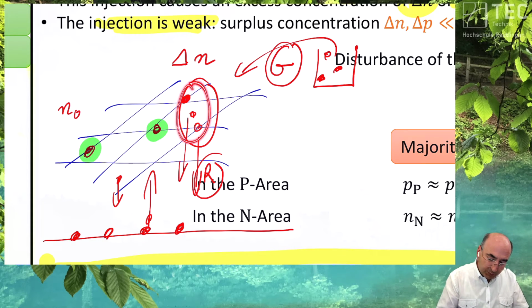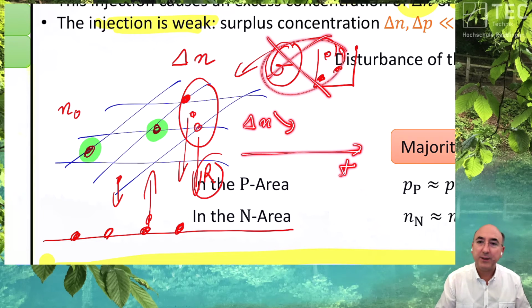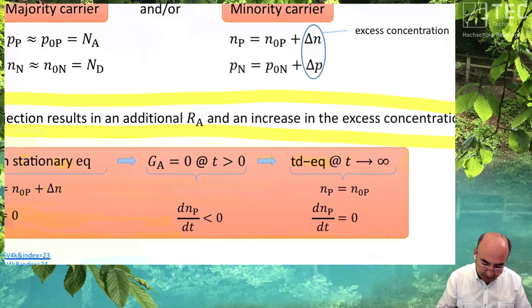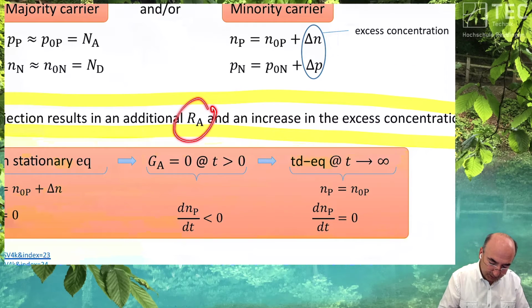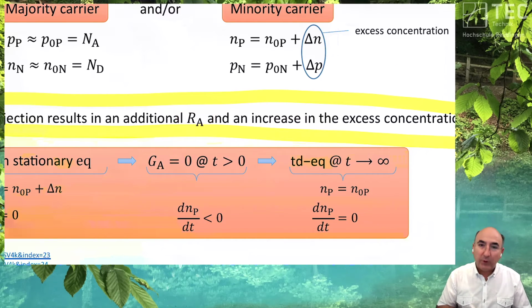So this additional recombination rate makes the concentration reduce as a function of time, because nobody is pouring these particles on top anymore. Due to this increased recombination rate, the concentration is reducing if you stop pouring. What happens at the end?